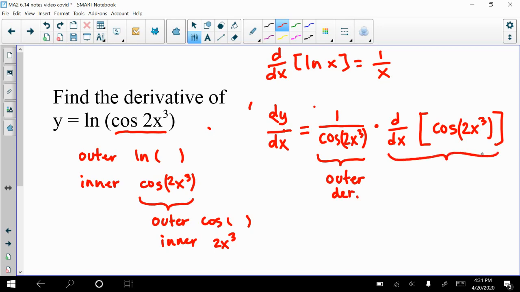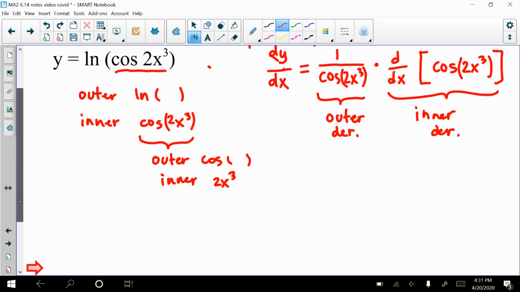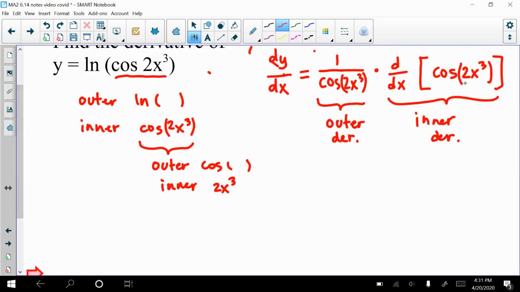And this is going to be me taking the inner derivative. So it's the outer derivative multiplied by the inner derivative. It's just that our inner derivative is also going to require the chain rule. So let's take care of that.